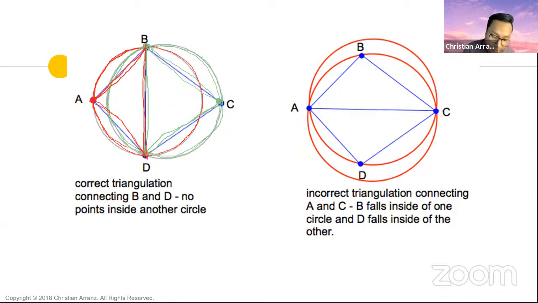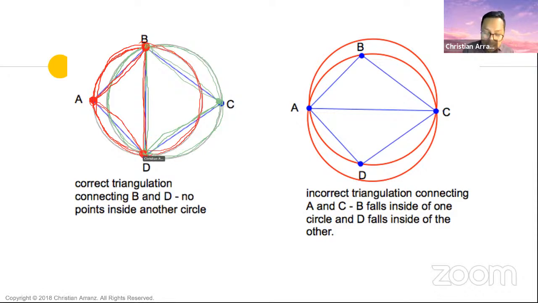In this case, the red circle here would not include any other points aside from A, B, and D. So it only contains those. And likewise for the other triangle BCD, the only points inside are B, C, and D.